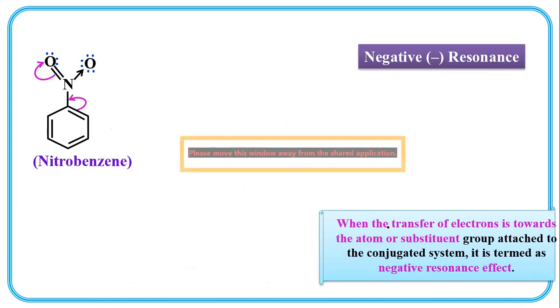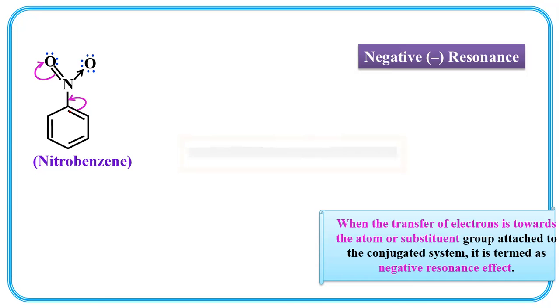See here, when the transfer of electrons is towards the atom or substituent group attached to the conjugated system, it is termed as negative resonance effect. Now, electrons from the conjugated system moving towards the substituent, towards the atom, is the negative resonance effect.